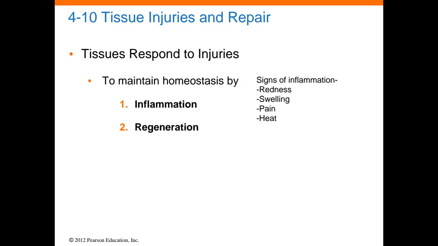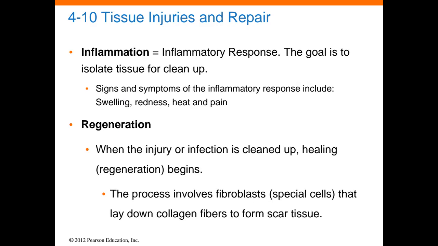Typically, if a tissue is going to repair itself, there will be special cells, the fibroblasts, or they're called fibrocytes. Okay, they are going to release a lot of collagen fibers that are going to repair the damaged tissue.